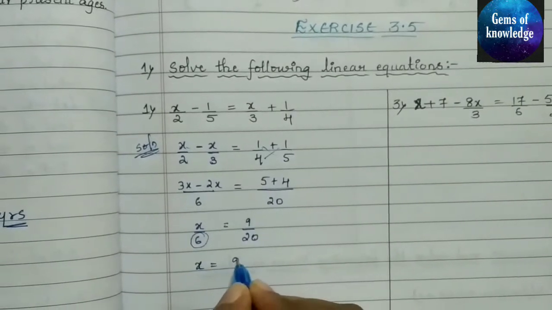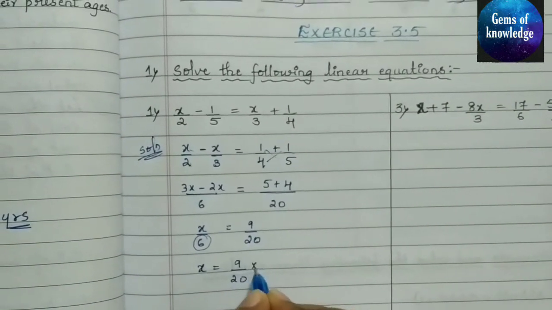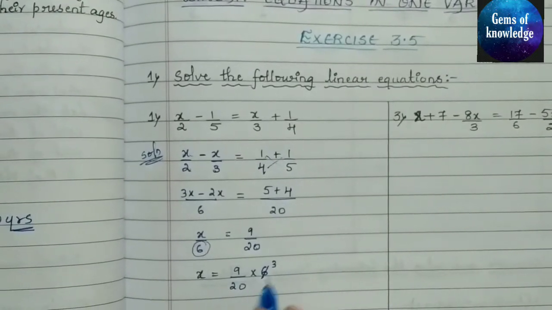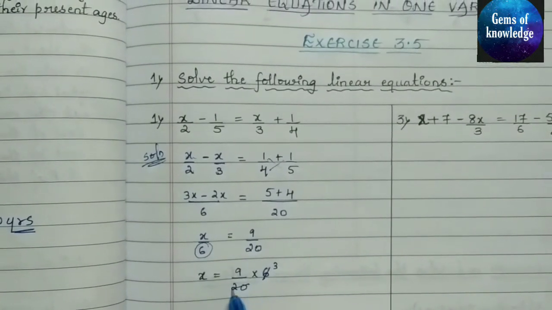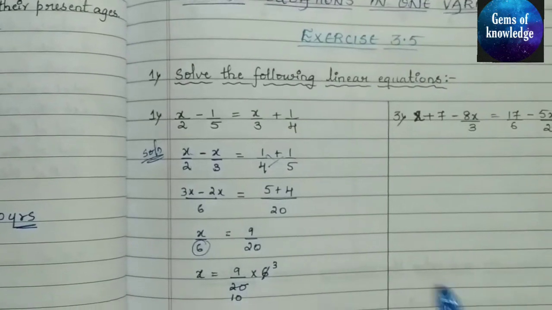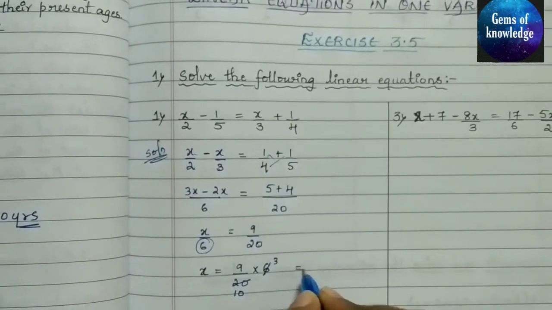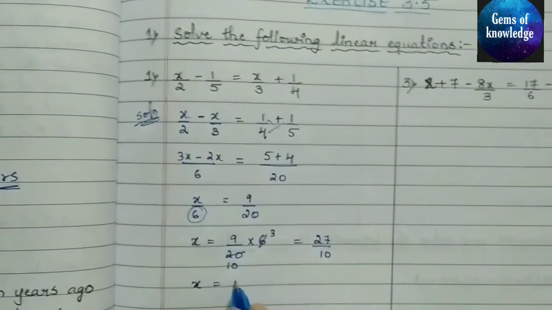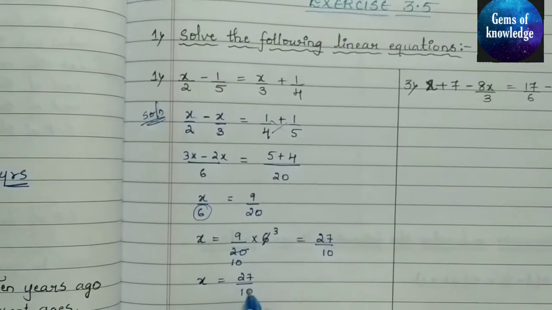So x equals 9 by 20 into 6. So 2 3s are 6, 2 1s are 2 and 0. So here the value we will get is 9 into 3, 9 3s are 27, by 10. So what is the value of x? x is nothing but 27 by 10.